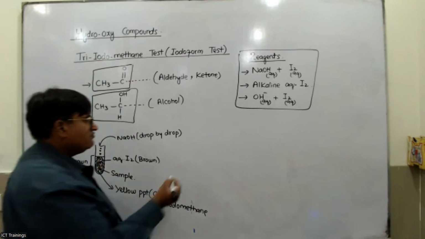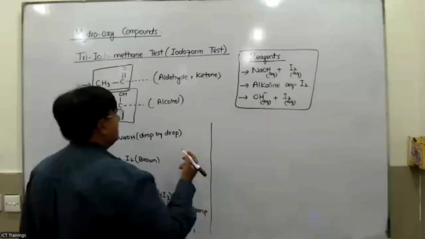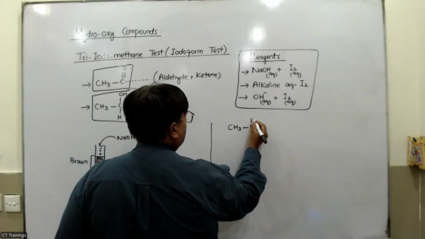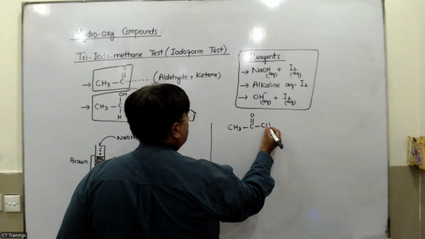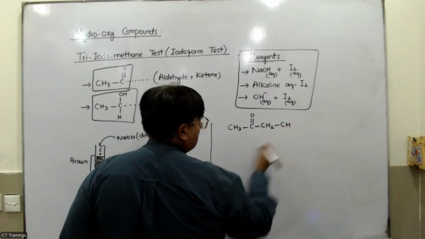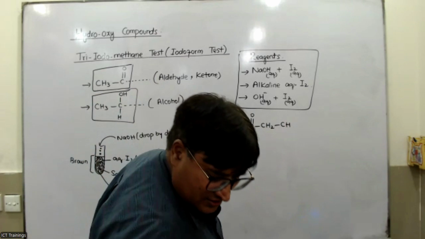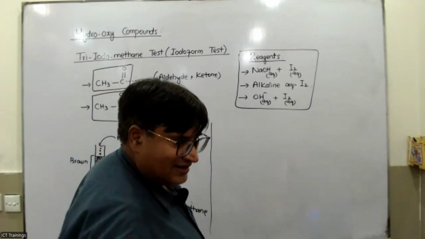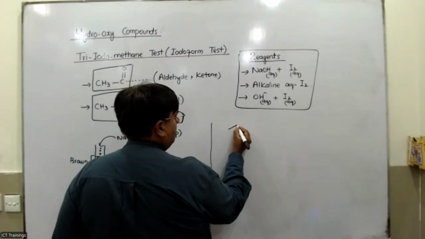Now, what would happen basically? Let's suppose I have a compound with CH3, C double bond O, and a benzene ring, and let's keep it simple.